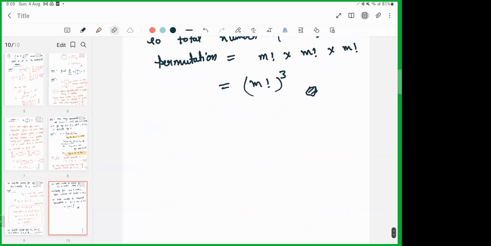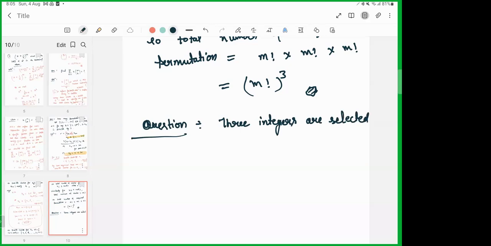So, next question. Let me write the question. Three integers are selected from the integers 1 up to 1000.